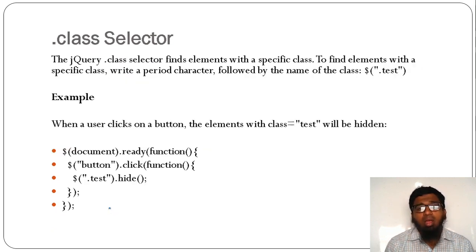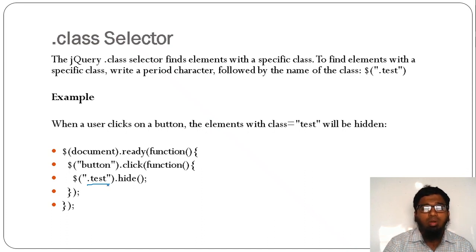Next is the jQuery class selector. What is this? This is also almost the same, but the change is here in the third line, .test, and what we did in the previous one, we did the #test. Okay, so this is a class and that is an id.